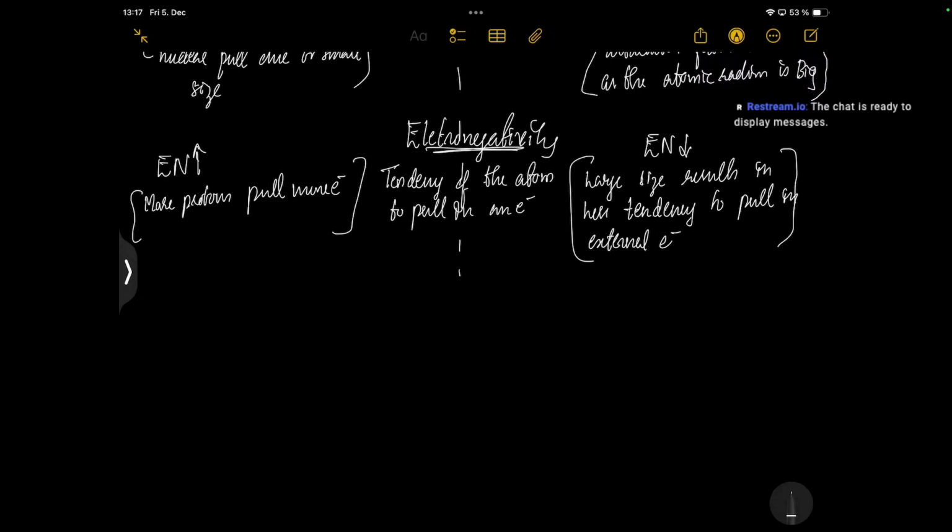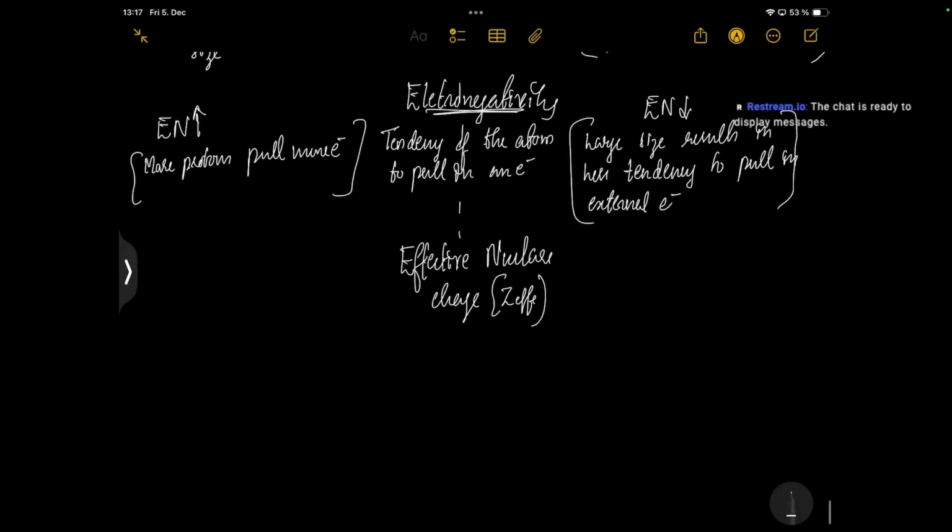It's called effective nuclear charge. It's Z effective. That's what the symbol is. Symbol is usually referred to as Z effective.